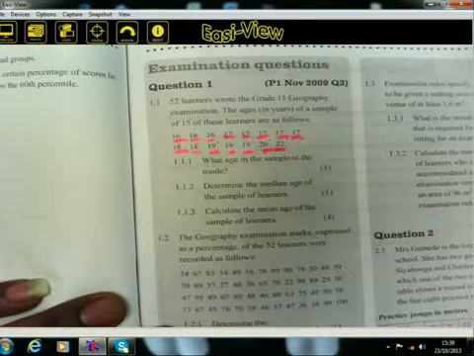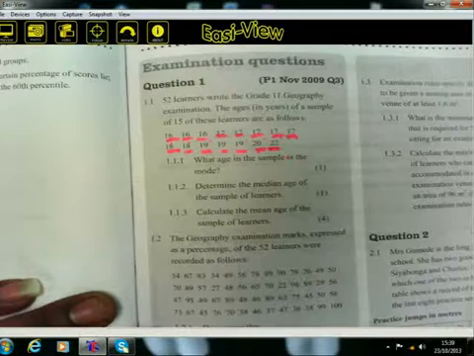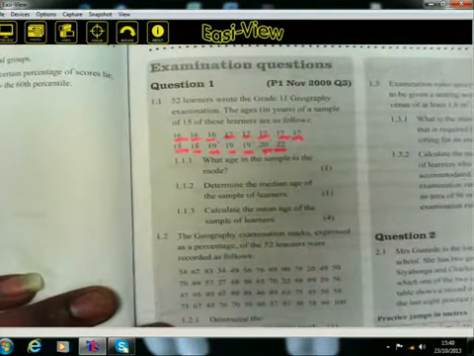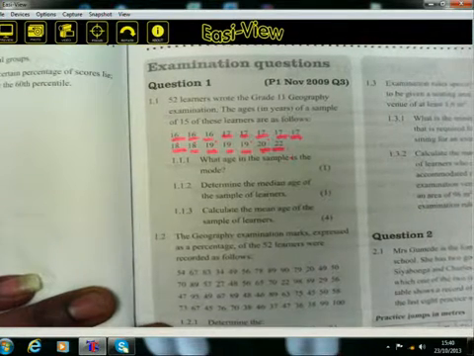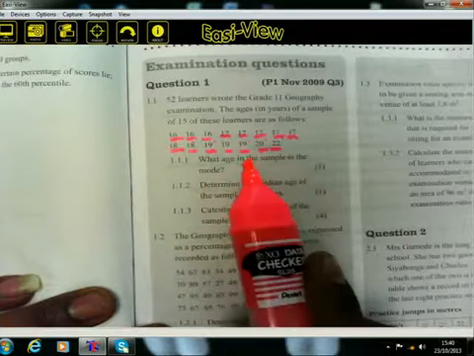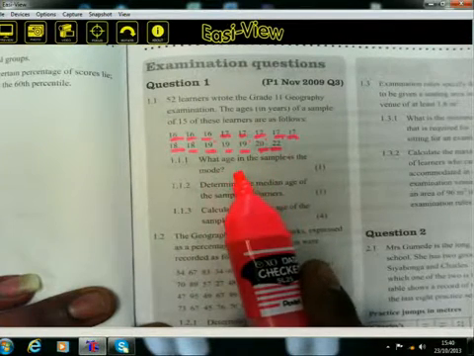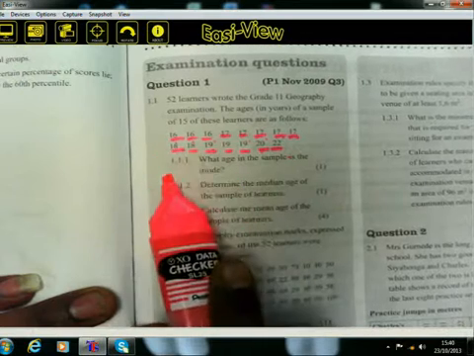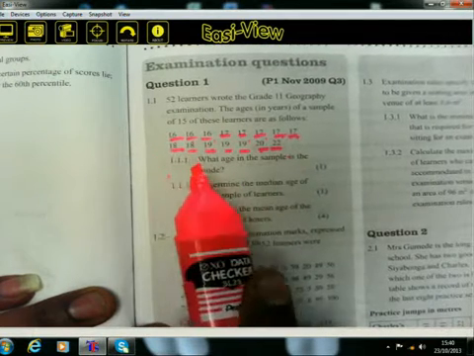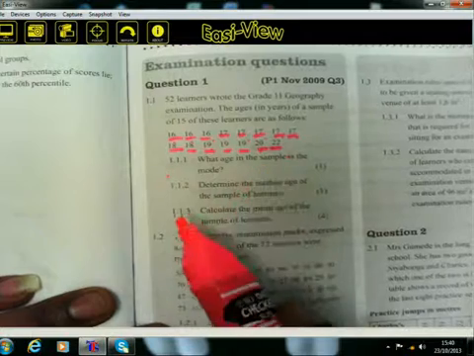Remember, what is important here is that we understand the meaning of it. It says the value or item that appears most often. Now, 17 appears most often. It appears 5 times, whereas 16 appears 3 times, 18 appears 2 times, and 19 appears 3 times.